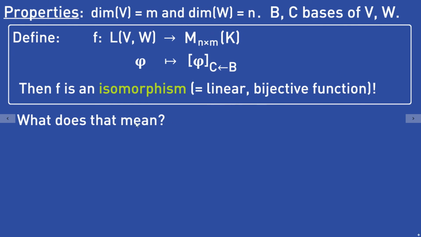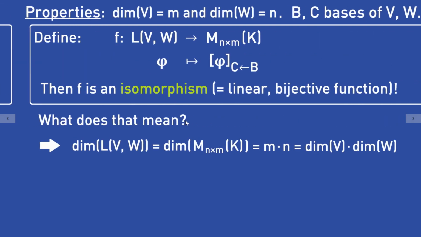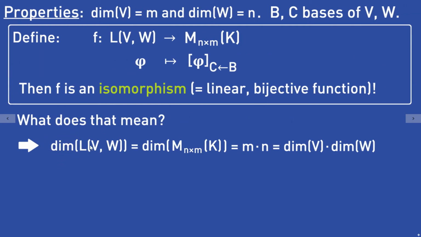What does that mean? So, first of all, it means that the dimension of the vector space of all linear mappings from V to W is equal to the dimension of the space of all n times m matrices with entries in the field K. The dimension of the space of all n times m matrices is equal to m times n.